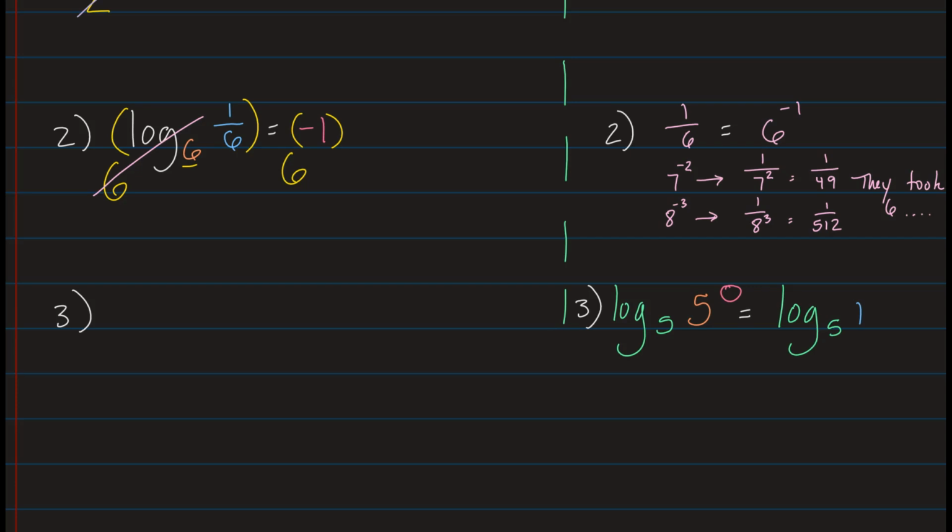Guess what? That cancels out. And all that you're left with on this left hand side is 0. So we have 0 on the left hand side is equal to log base 5 of 1. So I've successfully converted from exponential back to log.